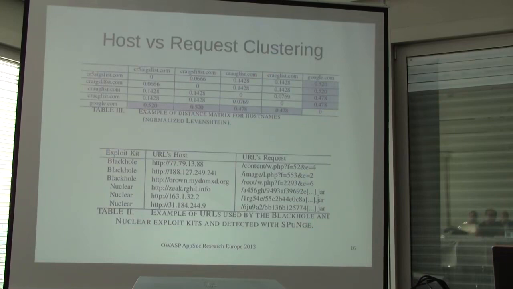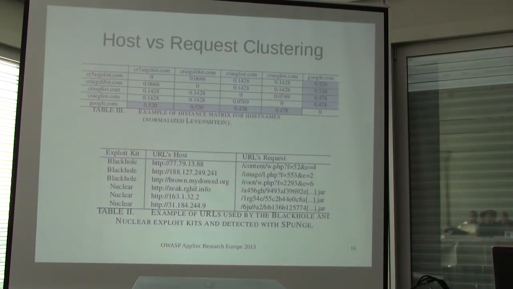This is the same example for URLs used by two different exploit kits. One is Blackhole and one is Nuclear. They are pretty famous. As you can see, these exploit kits have similar requests.